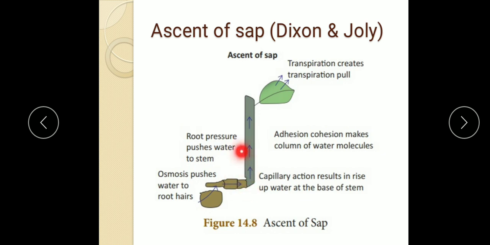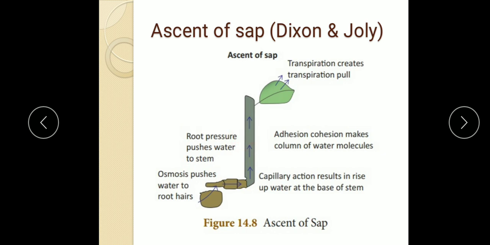Due to that, water rises up to the stem xylem, and adhesion and cohesion also make the water column continuous, and then water reaches the leaf. Here transpiration pull also helps in the upward movement of water. In that manner, water from roots goes up with the help of xylem to all parts of the plant. This is ascent of sap. Understood, children, ascent of sap?